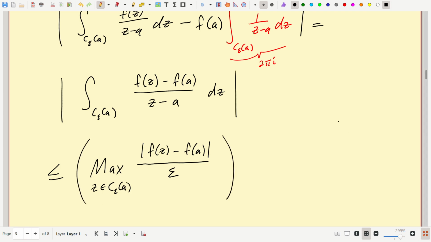That's because the modulus of z minus a equals epsilon on the circle of radius epsilon about a. So that denominator looks bad, that's a 1 over epsilon kind of thing. But the length of gamma, the length of this circle, is 2 pi epsilon.